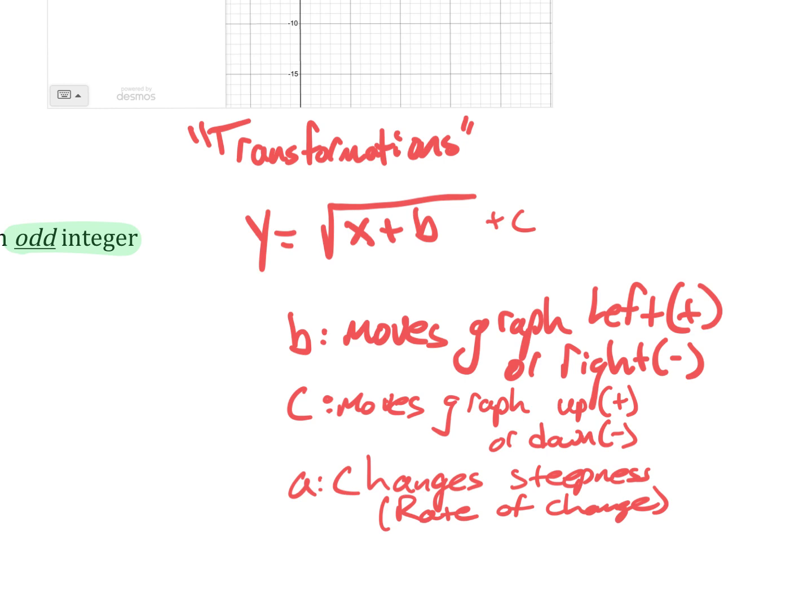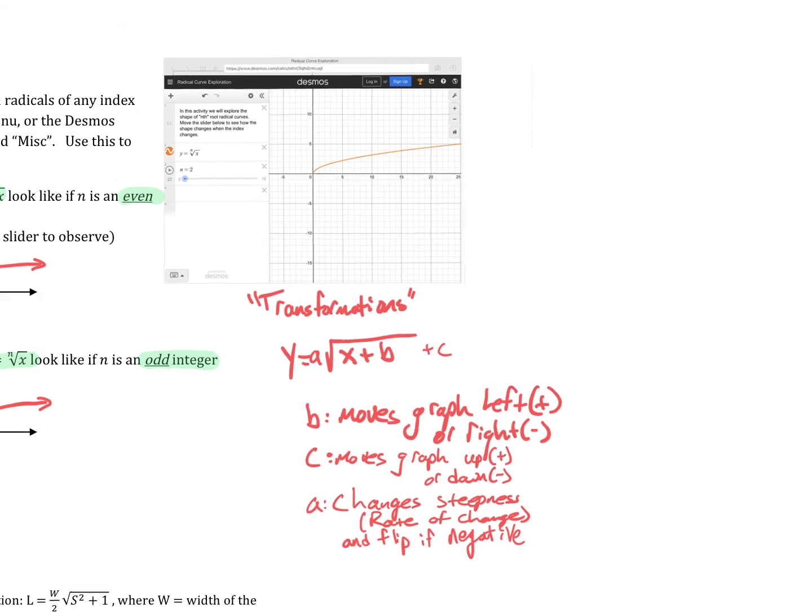So this A value, we're going to put A out in front. And it can flip the graph also if it's negative. All right, so let's look at that there.